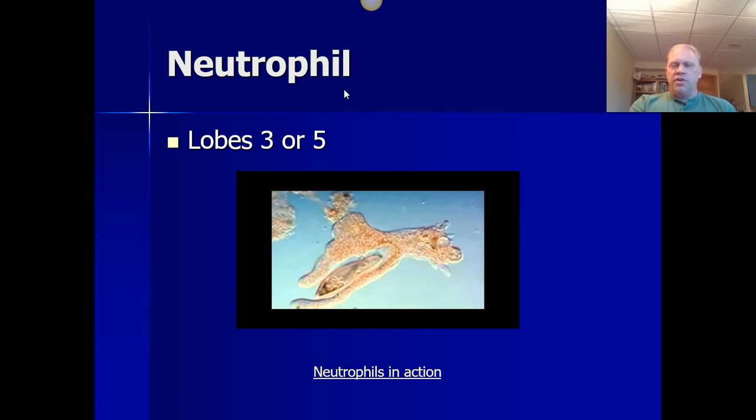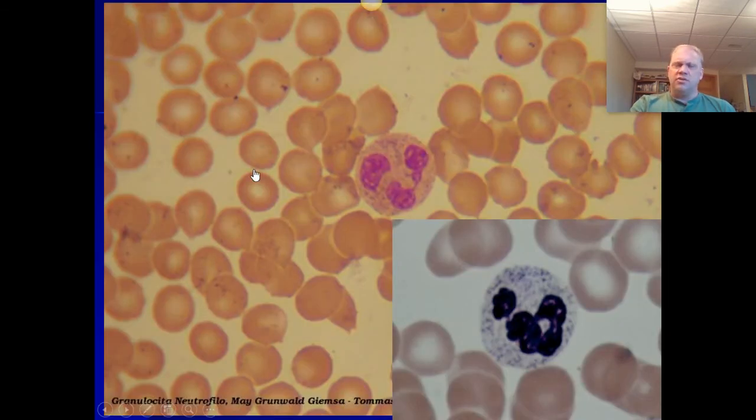Okay, we know that it's a neutrophil because in this white blood cell we would see lobes of 3 or 5. And I know the sheet that you usually use for reference says 3 to 5. That's actually 3 lobes, 1, 2, 3, or 1, 2, 3, 4, 5. And this gets a little tricky to see, is that 3 lobes, is that 4 lobes, what is that?